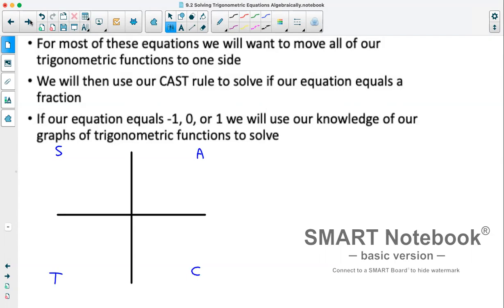If our equation equals 0, 1, or -1, we can use our knowledge of the graphs of our trig functions to solve. But, reminder of our cast rule. It's called cast rule because we can write out CAST starting in this quadrant and working counterclockwise, so C-A-S-T. In this quadrant of A, all ratios are positive.